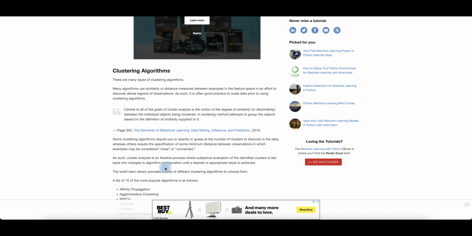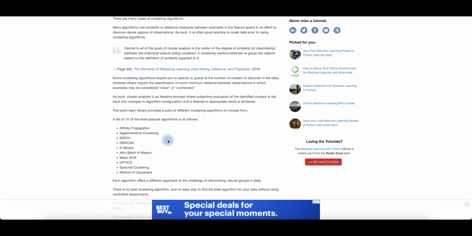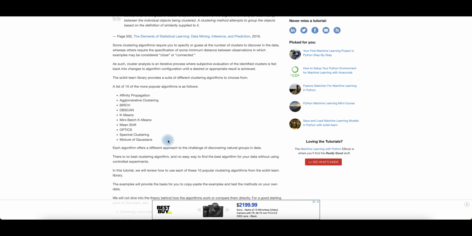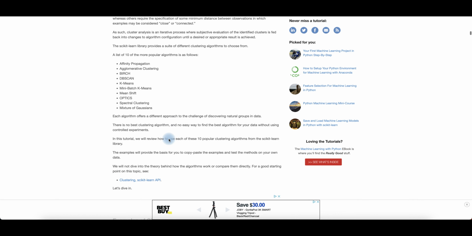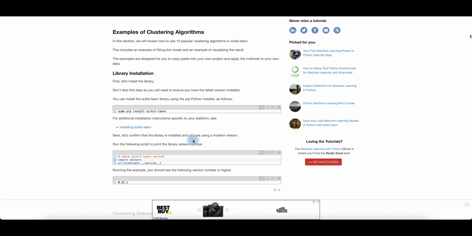And we are actually looking at the Python version, scikit-learn, of these clustering models below, in which each of these algorithms is mainly different, and there's not really a best one. Every one is basically different depending on the scenario, for example the whole beauty industry scenario, which is way too unpredictable. So let's dig into the examples here.